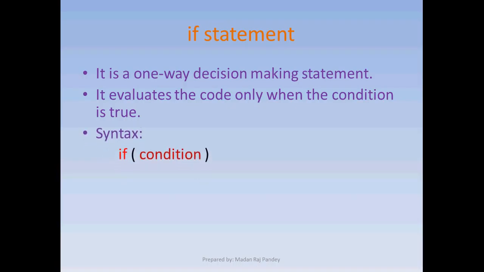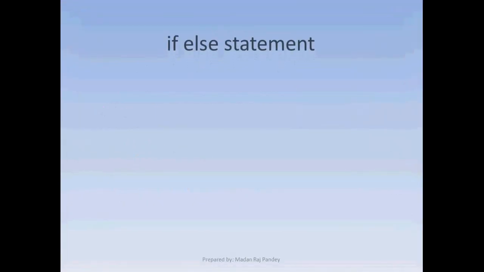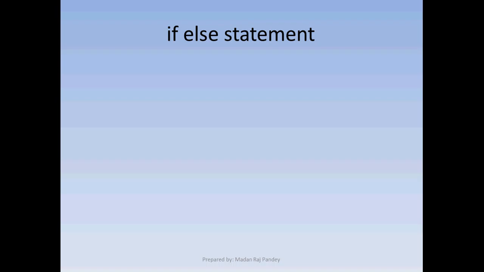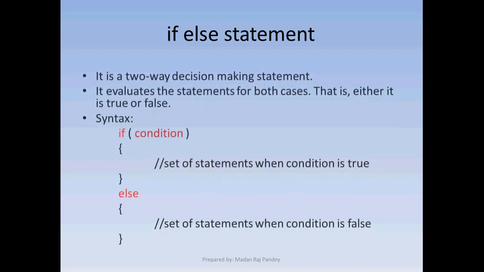Its syntax is like this: if, in the parentheses the condition is given, then the curly braces, then the set of statements which are to be executed if the condition is true, and the end of the curly braces.